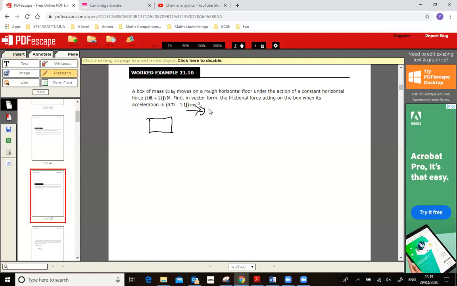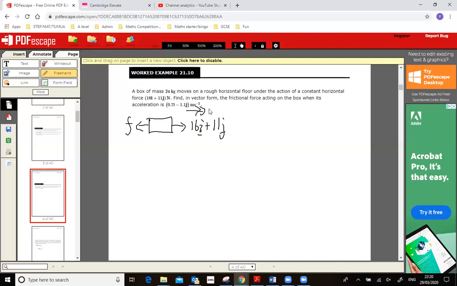So the force used to move the box will be 16i plus 11j. And the frictional force will have to act in opposite direction. And again, let's use little f for the frictional force.